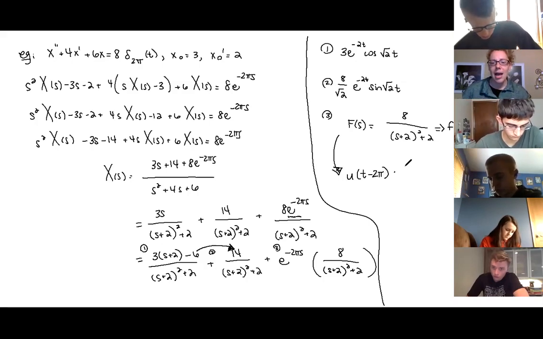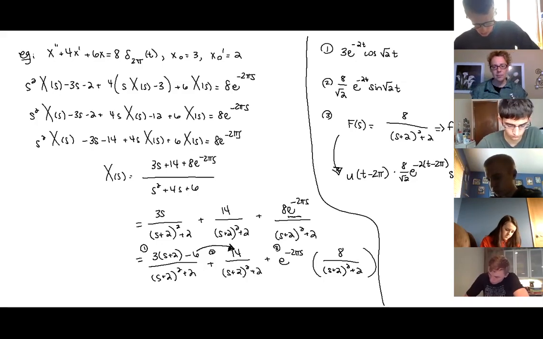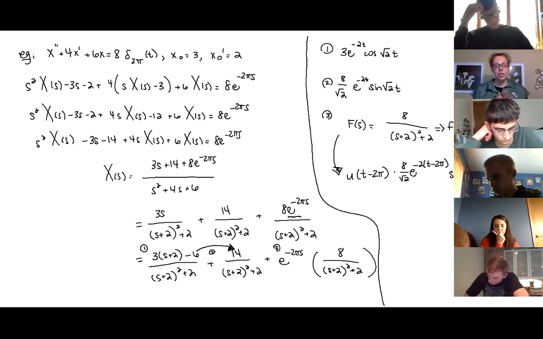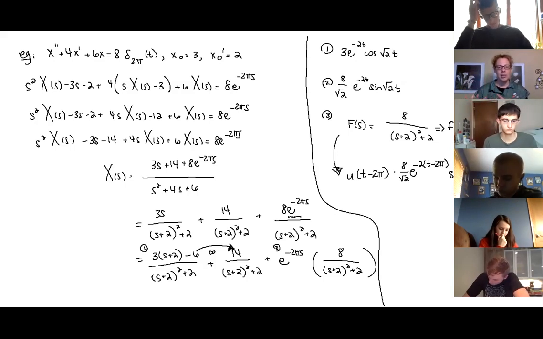So we've got times 8 over square root of 2, e to the negative 2 (t minus 2 pi), sine of square root of 2 (t minus 2 pi). That's what that e to the negative 2 pi s does out in front. It gives you a unit step function, and it plugs in t minus 2 pi everywhere you see a t.